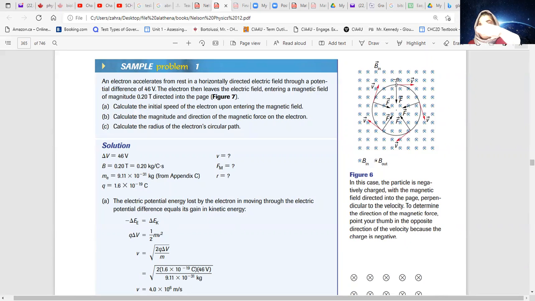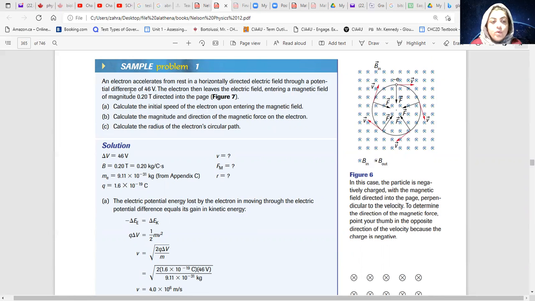You rotate your hand so that your thumb goes in the direction of the velocity. I'm talking about this one. Your palm is down, right? It means your force is down. You can try at the other points, and you see that if the electron is here, it's going through a loop, a circular path.